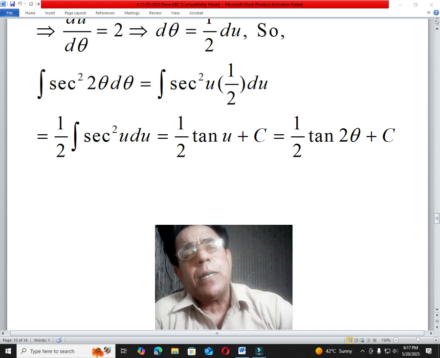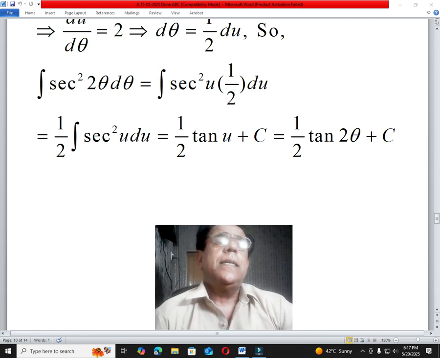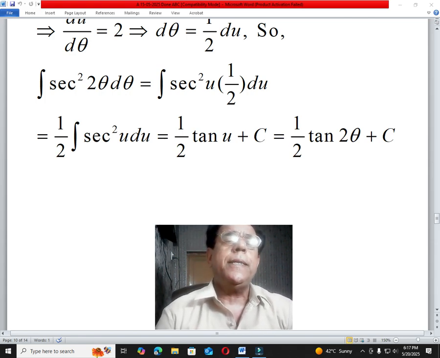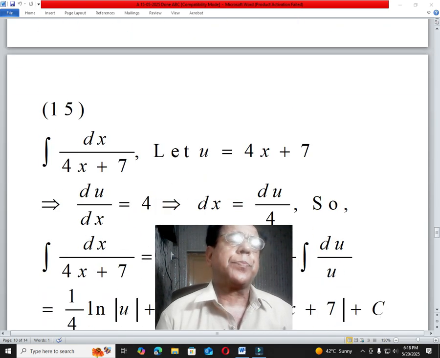To this extent our answer is complete. The only step left is resubstitution of u by its original value. So our answer will be 1 by 2 tan 2 theta plus c.